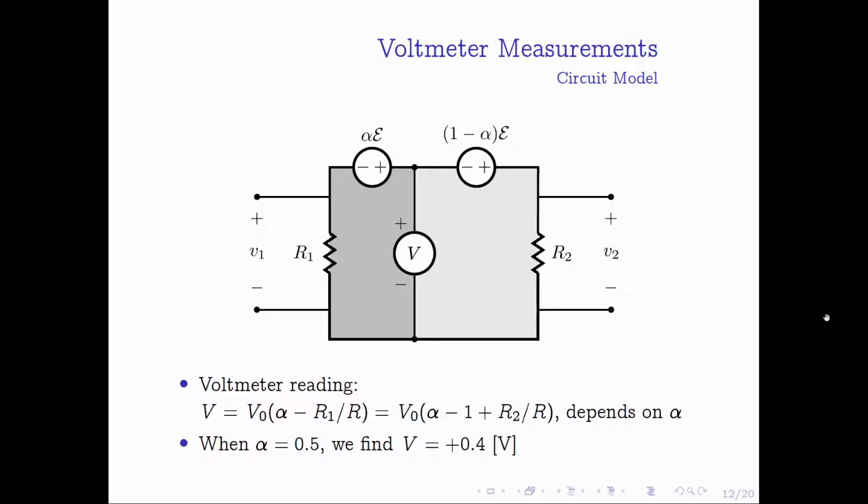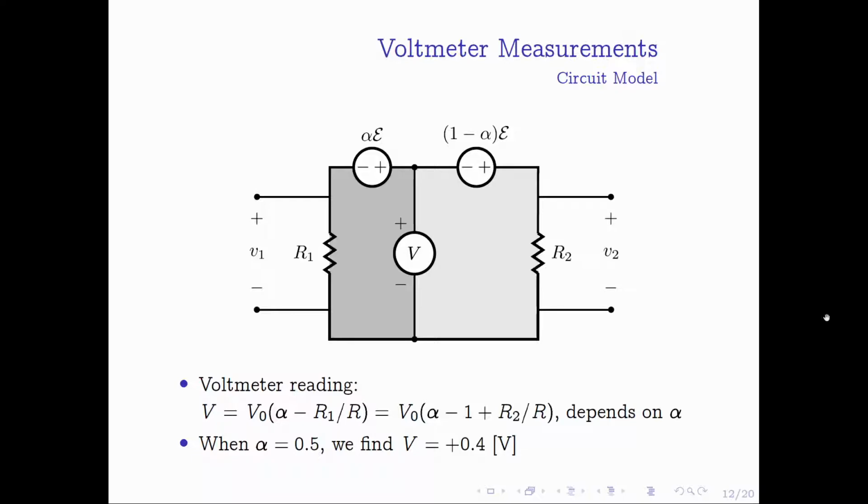If we do the same thing on the right loop, we find V0 multiplied by (alpha minus 1 plus R2 divided by R). And indeed, the two expressions are equal, and you can verify this by yourself. The most important result is that the voltage across the loop in this scenario will depend on the location of the voltmeter.